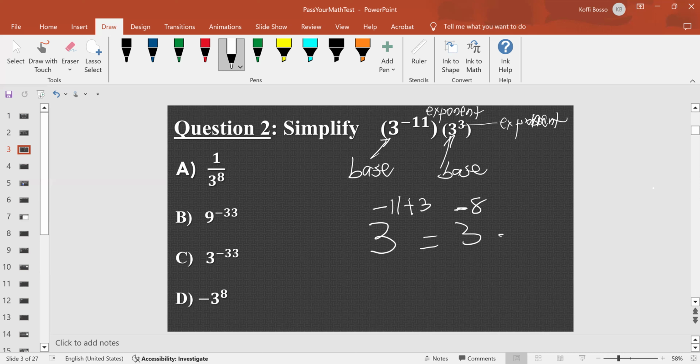And this is the same as writing 1 divided by 3 to the positive 8. This is a rule. Every time you have your exponent as negative, you can rewrite it as a positive by flipping over. So you have 1 divided by the same base raised to the power, but it has to be positive. Therefore, the correct choice here is A.